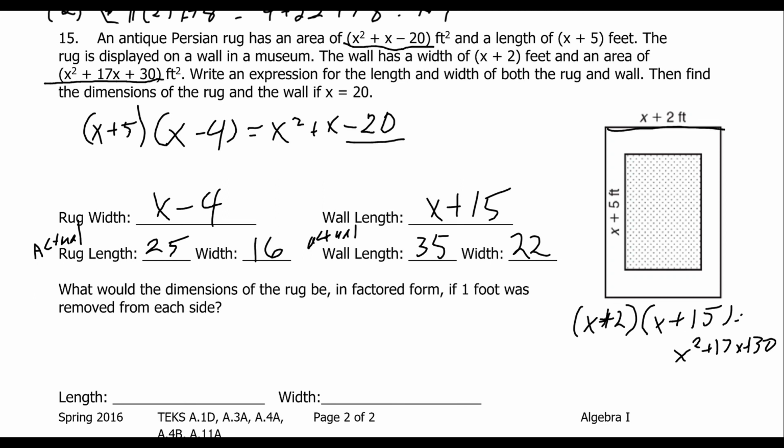What would the dimensions of the rug be in factored form if 1 foot was removed from each side? All right, so if we remove 1 foot from the rug on each side, that means that we would wind up with a rug width of x minus 5.